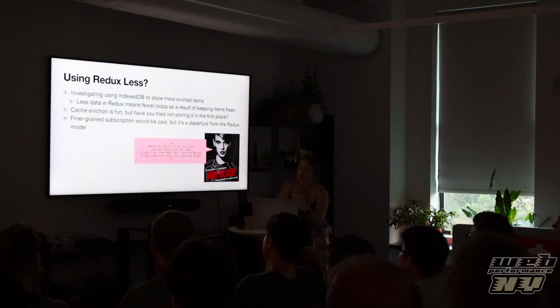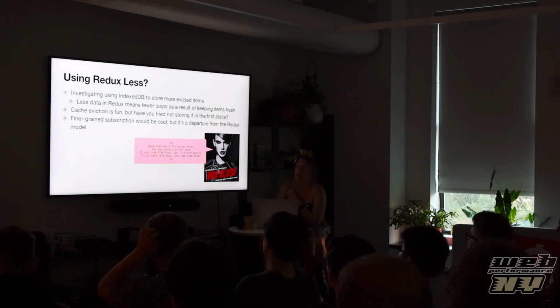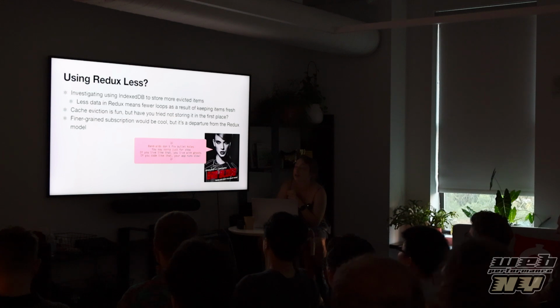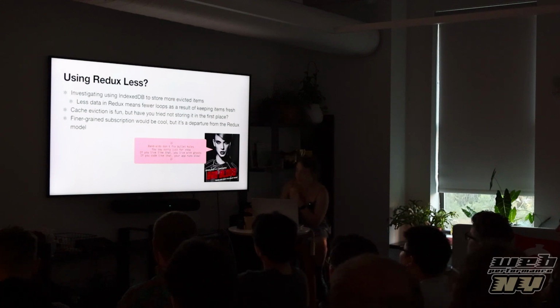We'd also be saying, why are you still using Redux? So we tried to use it less. I think this ended up being a bit of a dead end, but we were tinkering with trying to use IndexedDB or some other form of structured persistence to store evicted items. Less data in Redux means fewer loops, because every single time we refresh a channel, not in the browser refresh way, but unstale a channel, I guess, it's an update in Redux, which causes the whole loop, even if no data actually changed.